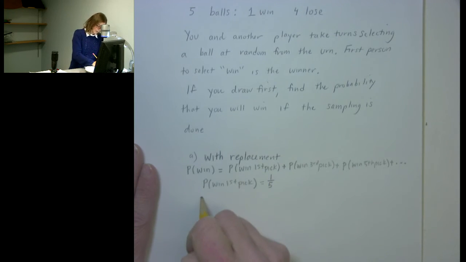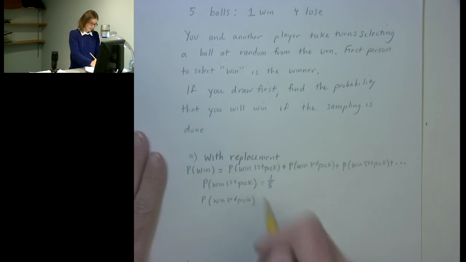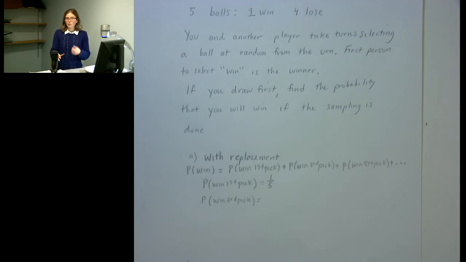So to win on the second pick, on the third pick, sorry. That would mean that nobody won on the first 2 picks, right? So a loser ball was drawn on the first 2 picks, and the winner ball was drawn on the third pick. Now, because we're sampling with replacement, the probability of choosing the winner ball doesn't change, and each pick is independent of what's happened before.